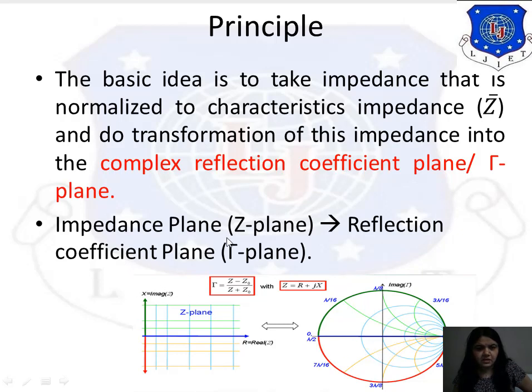So impedance plane, reflection plane, and what is the reflection coefficient? We will calculate this in another video. The reflection coefficient is Z minus Z0 upon Z plus Z0. Sometimes people write rho equal to ZL minus Z0 upon ZL plus Z0, where Z is R plus jX.